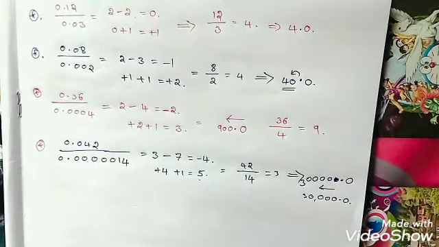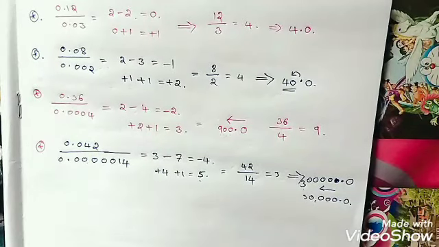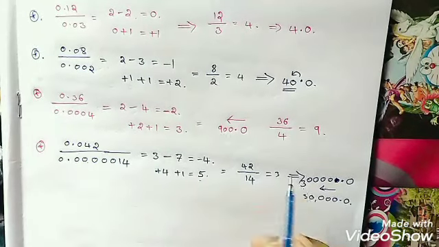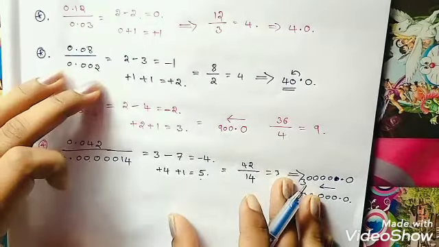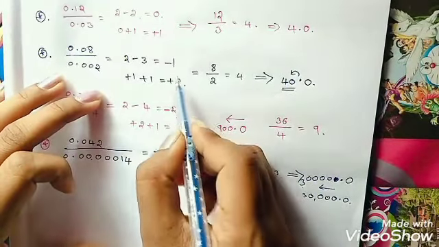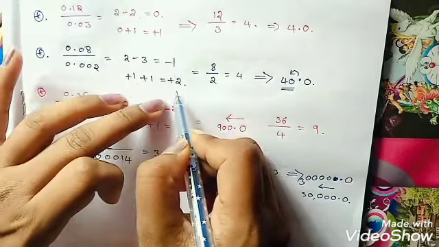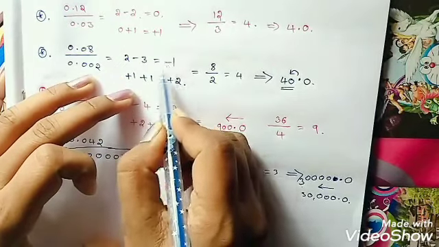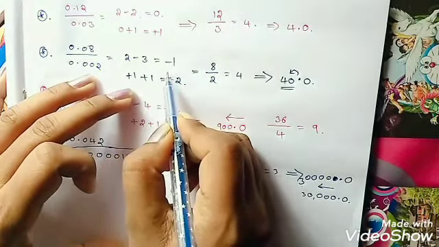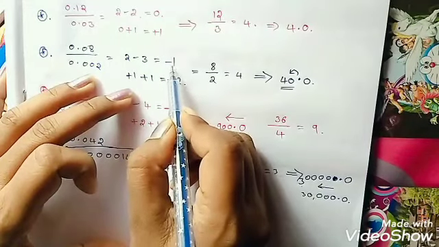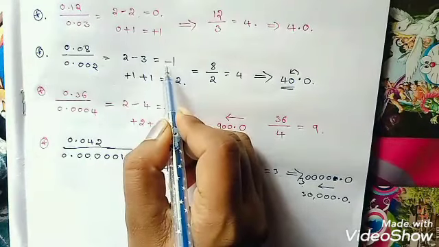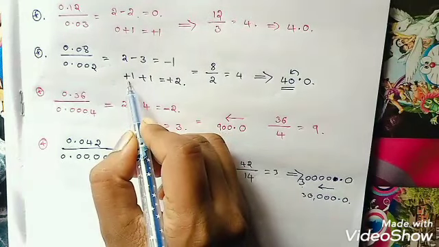Let us recall all the examples, students. This is the simple trick to do the simple calculation of decimal divisions. See here, students, if you get negative numbers, then you can simply change the sign of the number. If it is minus, then you can take that number as plus.